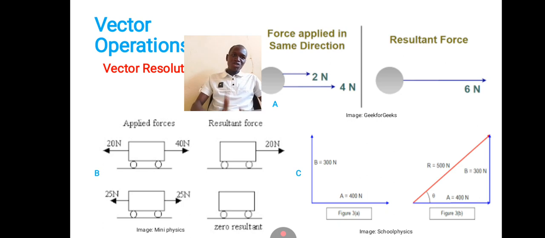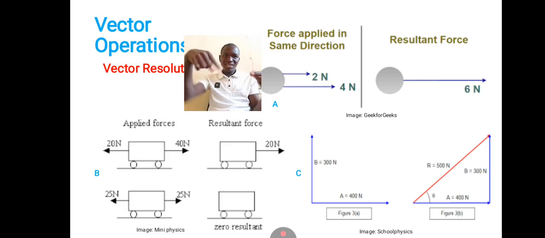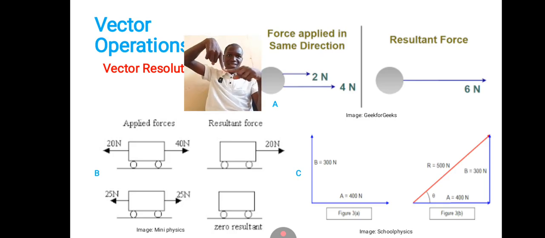You see two arrows acting perpendicular to each other. Now, where would our object be? The object will be where the two lines meet. One force dragging this way, another force dragging this way. This is a right-angled triangle, 90 degrees.